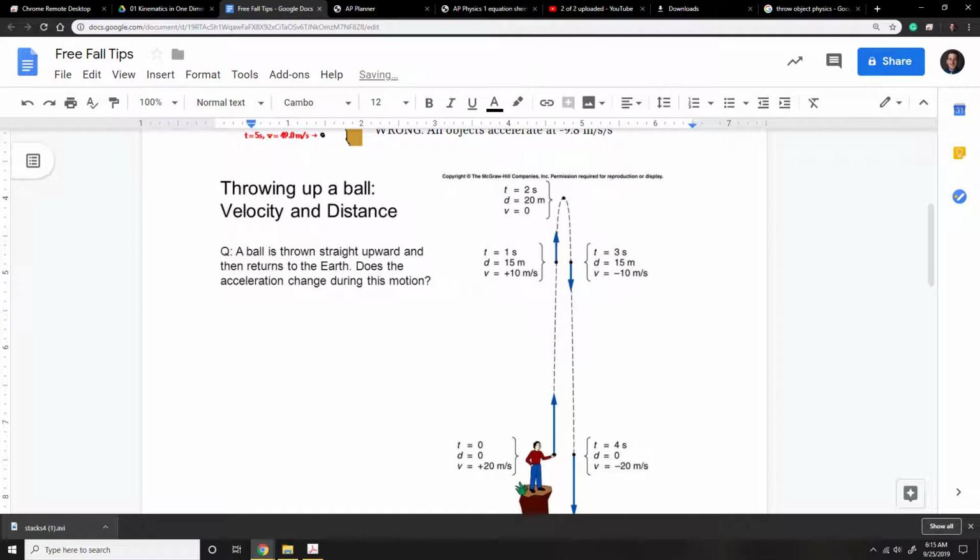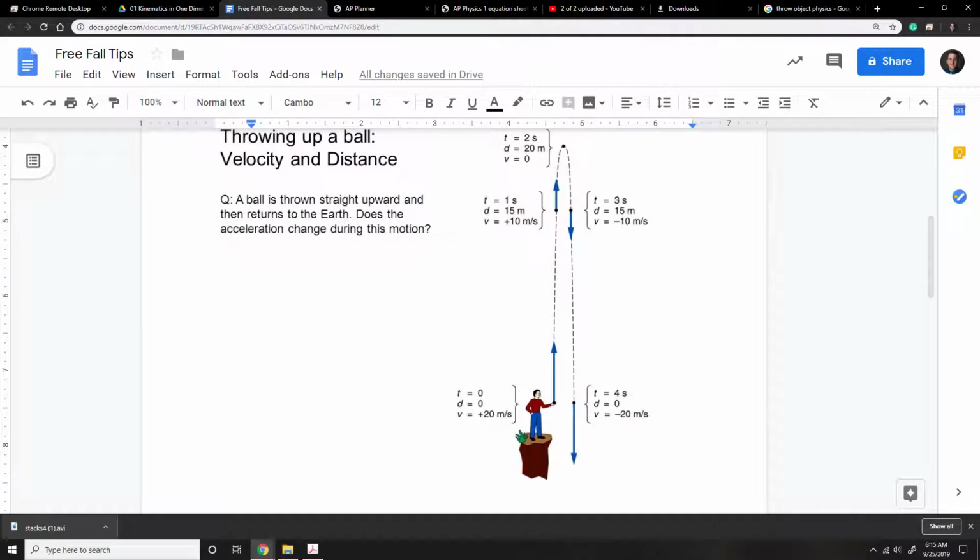Okay? The other thing they're going to confuse you with is the direction. Is the acceleration positive going up and negative going down? No, it's negative the whole time. Negative 9.8 going up, negative 9.8 going down. And if you're like, wait a second, that makes no sense. If it's going up, it must be positive, and if it's going down, it must be negative. Yes, but remember you're using that word 'it.'